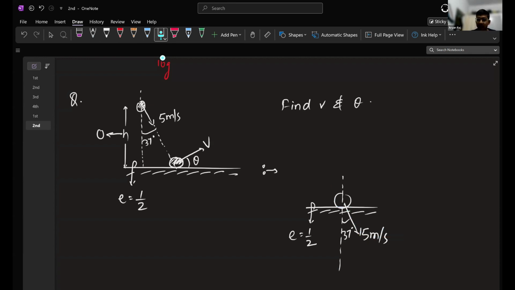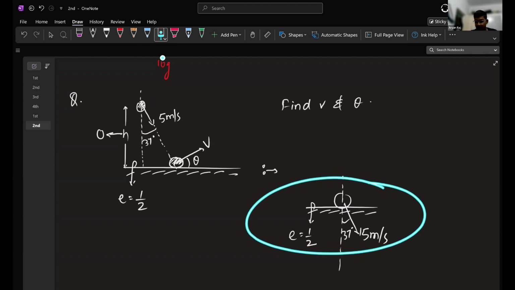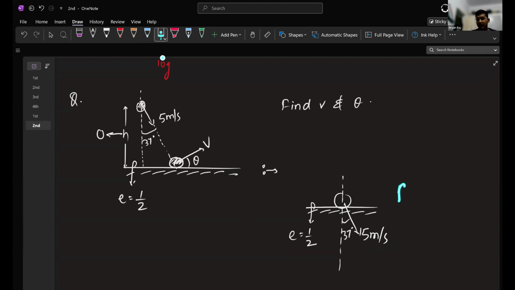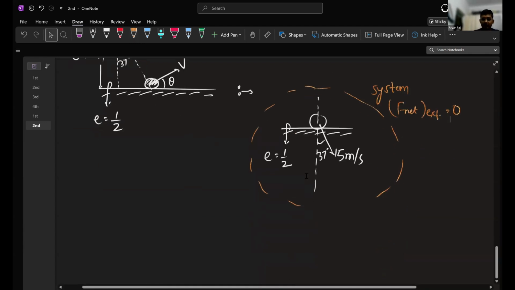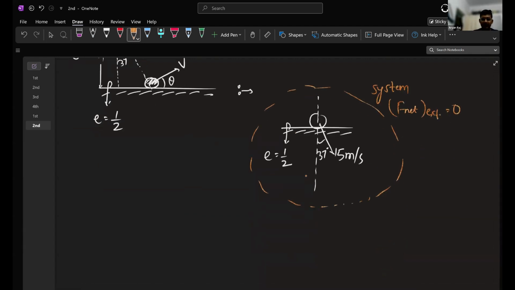Because this is a collision, when we consider both of them to be part of my system, the net external force would be 0. This is my system. F net external is 0, right? It means momentum can be conserved in x as well as y directions. I'm considering these to be my x and y directions. Momentum can be conserved in both of the directions. Am I right?